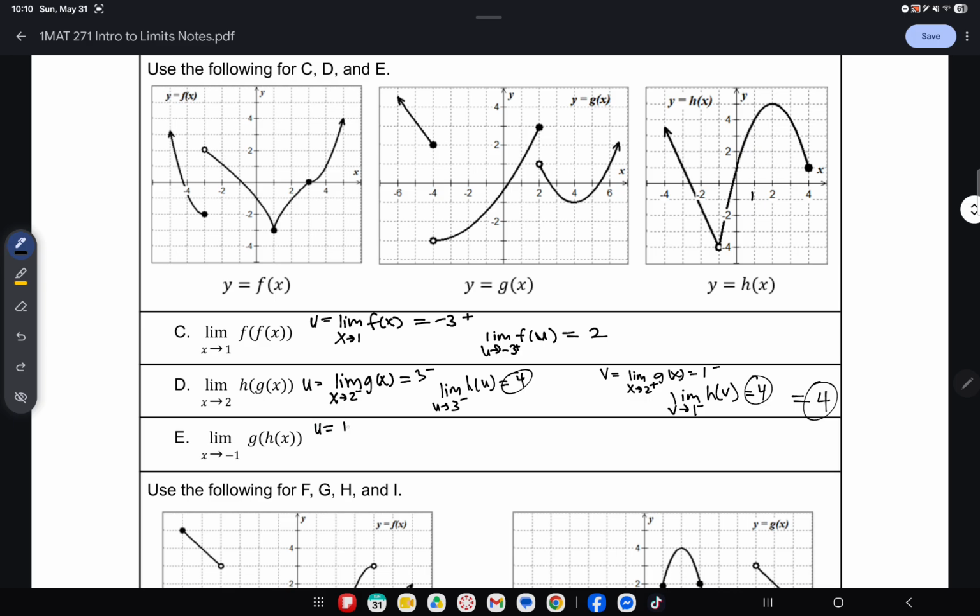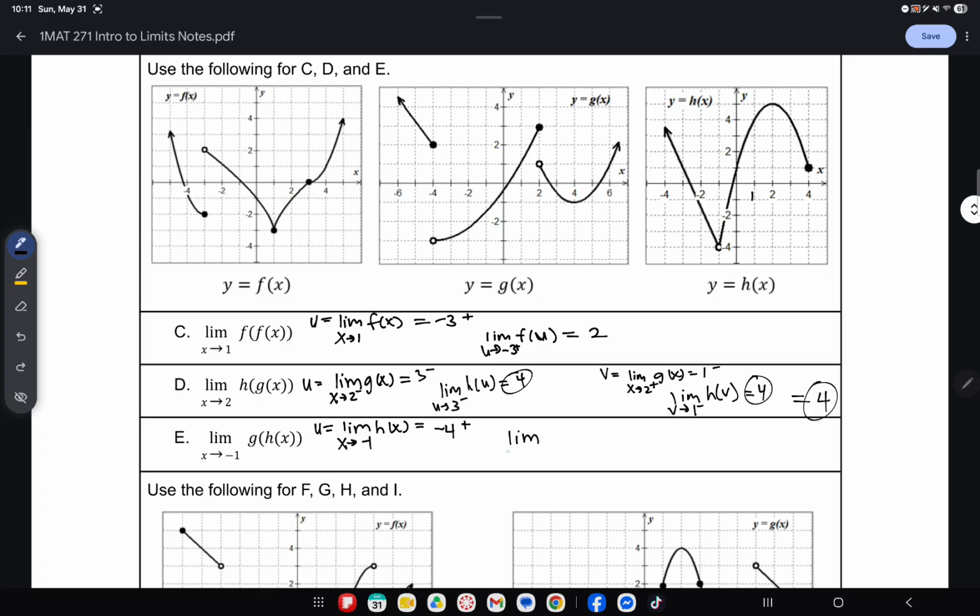U is going to be the inside, so the limit as x approaches -1 for the inside function. So h of x, -1. The limit from the left and the right is -4, and both function directions are coming from above. So I only have to do one u substitution.